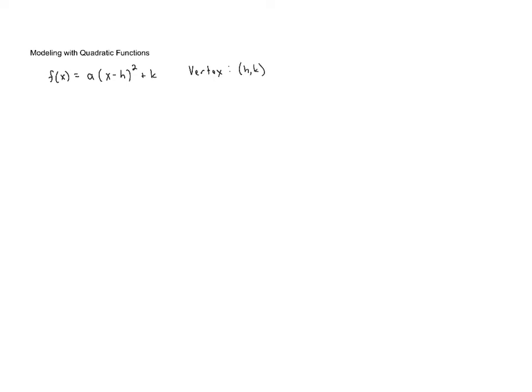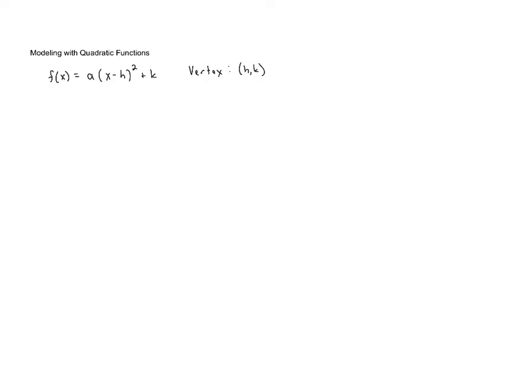Now, to go from a normal quadratic function, f of x equals ax squared plus bx plus c, into this standard form, we had to complete the square. And we're going to see some situations where that ends up being very challenging. We might have fractional or decimal coefficients, and we don't really want to do that.